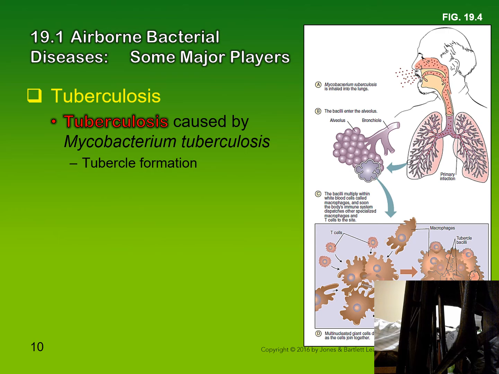When you get a chest X-ray and they're looking for tuberculosis, what they're actually looking for is the white blood cells accumulating in the lungs.